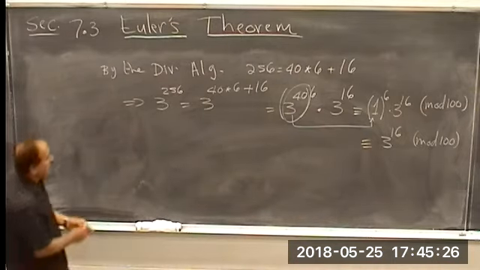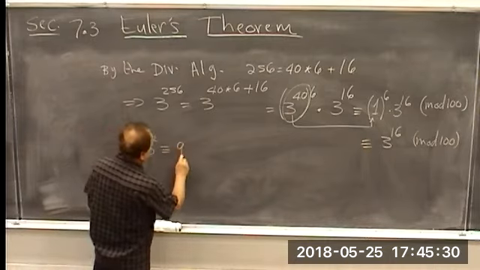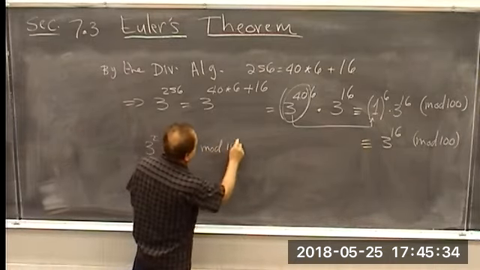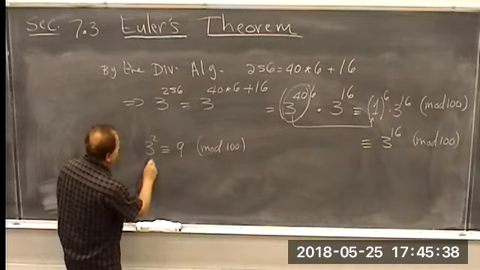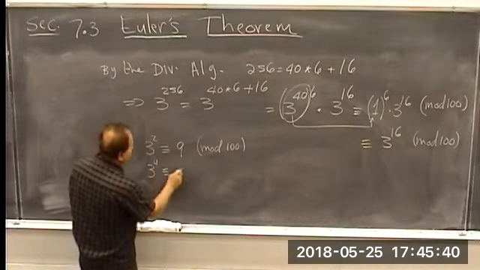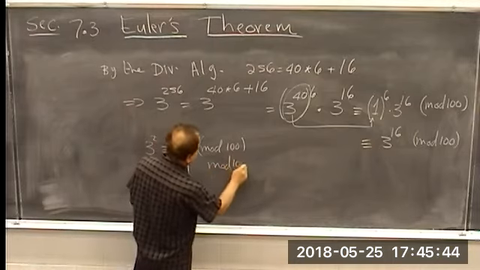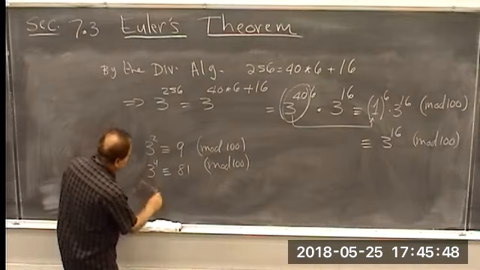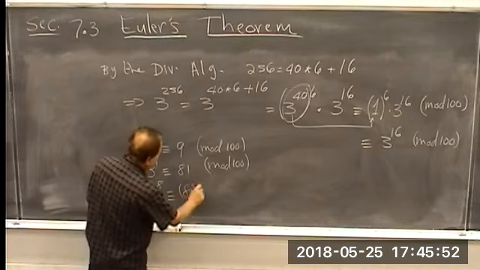So we start with 3 squared. This is, of course, equal to 9, so it's congruent to 9 mod 100. And we're going to take the square of this, so this becomes 3 to the 4th, and this is 81. Still we are under 100. Then we take the square of this, which becomes 3 to the 8th, and 81 is squared.